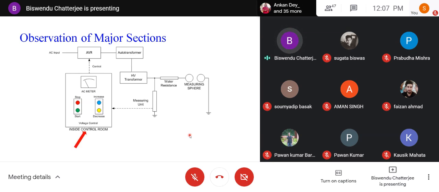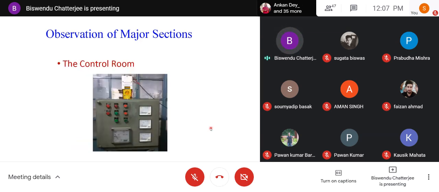First, inside the control room, see, from the window, outside the window is the high voltage laboratory. You can see a blurred image of the high voltage laboratory. Can you see these lines? These are the Faraday cage lines. You are shielded. So inside the control room, this is the meter.